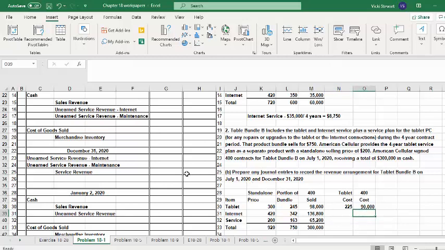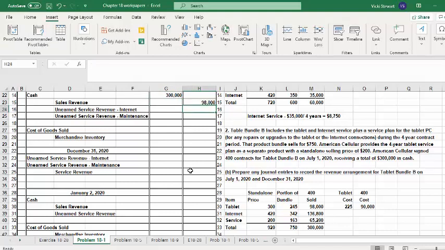So now we can record the journal entry on July the 1st for the sales of the bundles. We would debit cash for $300,000. We would credit sales revenue for $98,000.